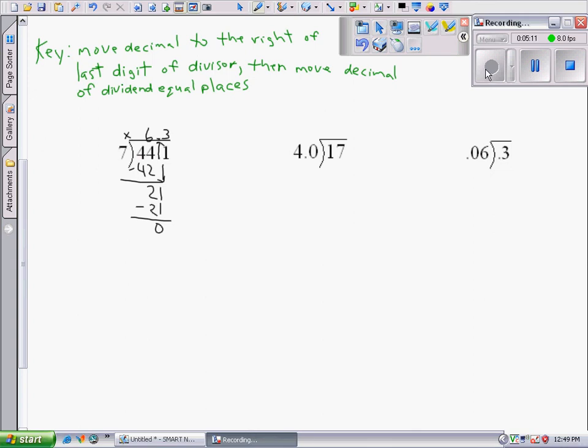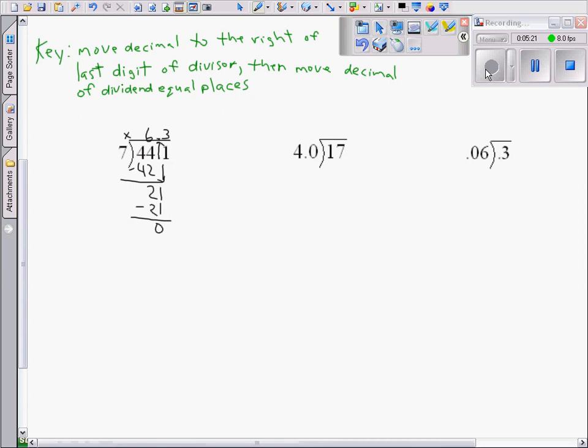The next problem, 17 divided by 4.0. 4.0 is the divisor, so we need to move the decimal point to the right of the 0, one spot. 17 as a whole number and its decimal is to the right of the 7. We then move that to the right one spot, then fill in the position with 0.